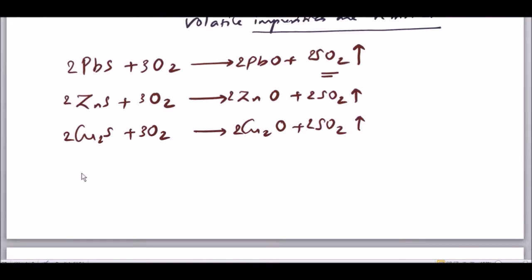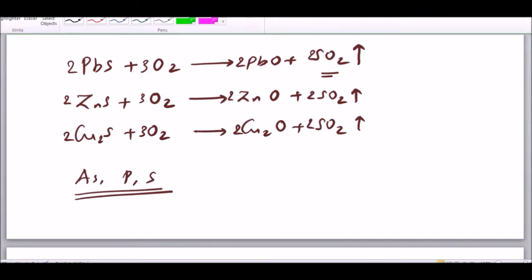And other volatile impurities are arsenic, phosphorus and sulfur. What is happening while roasting ore? What's happening to this arsenic, sulfur and phosphorus? That can be explained by giving the equations as follows.